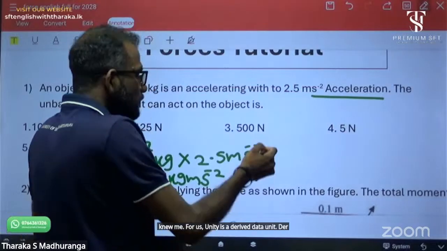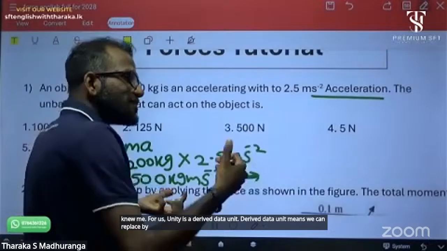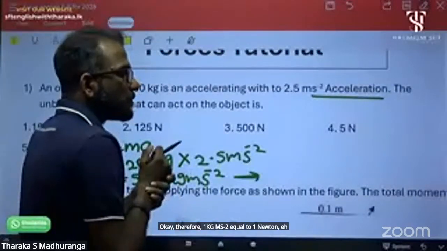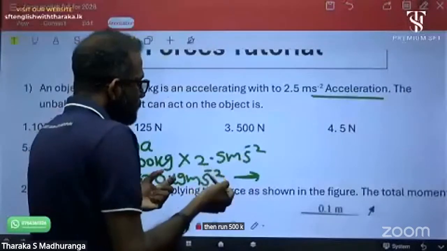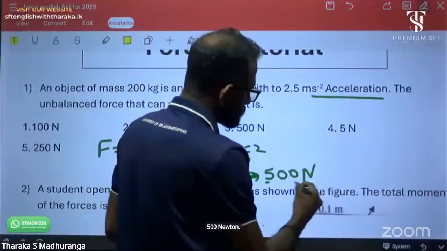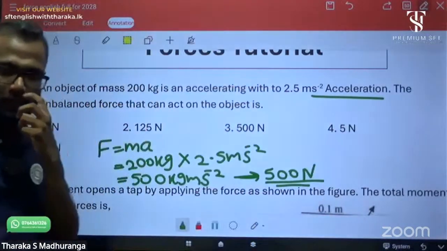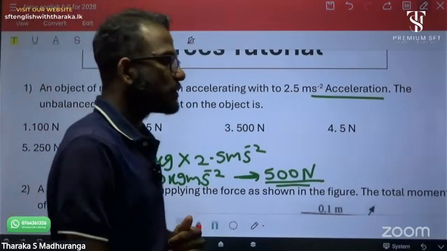Therefore 1 kg ms minus 2 equal to 1 Newton. It is part of Isaac Newton's name, right? Then 500 kg ms minus 2 equal to 500 Newton.